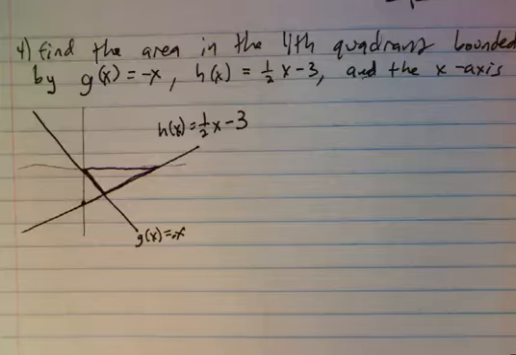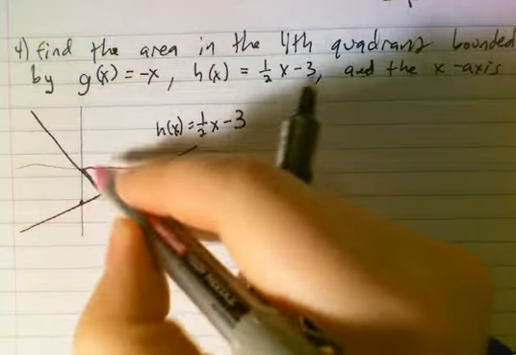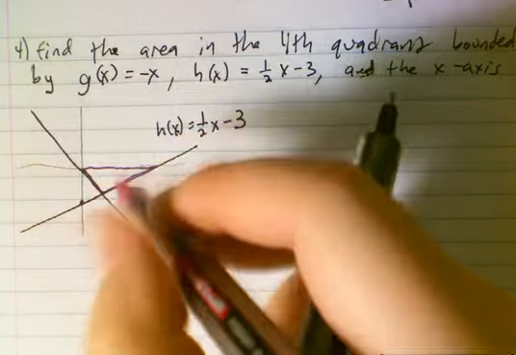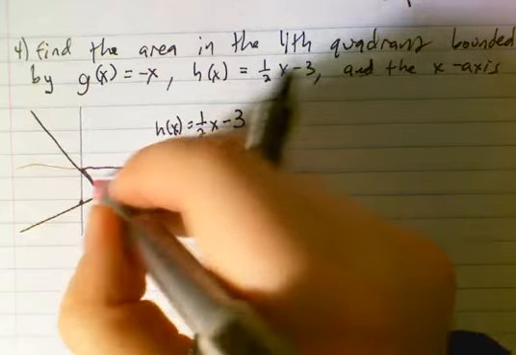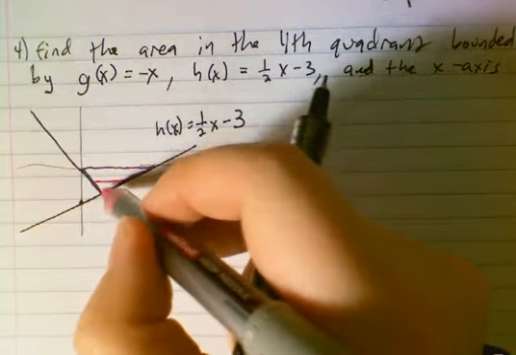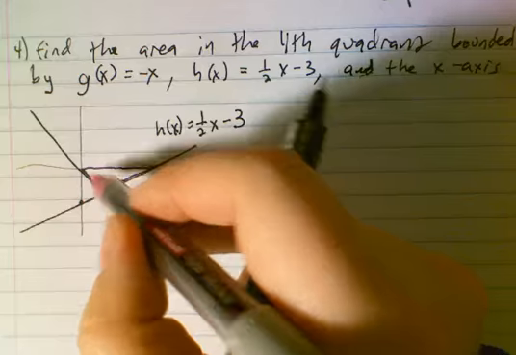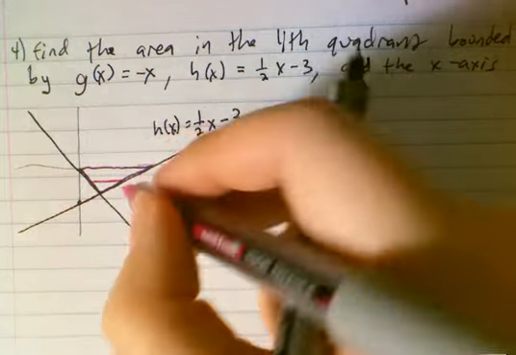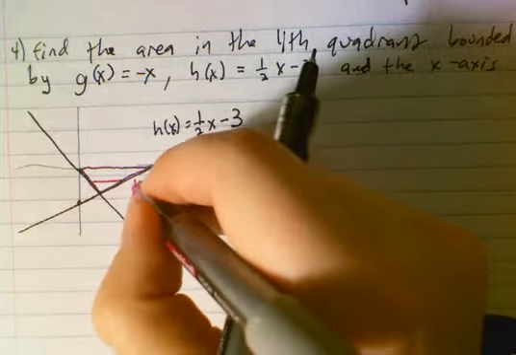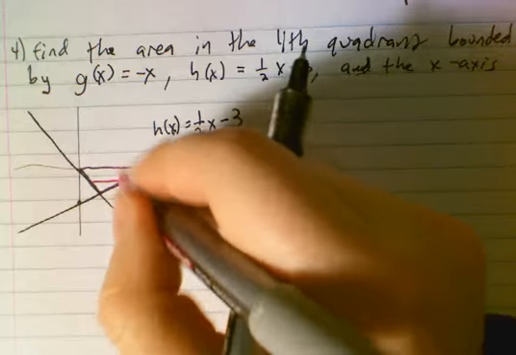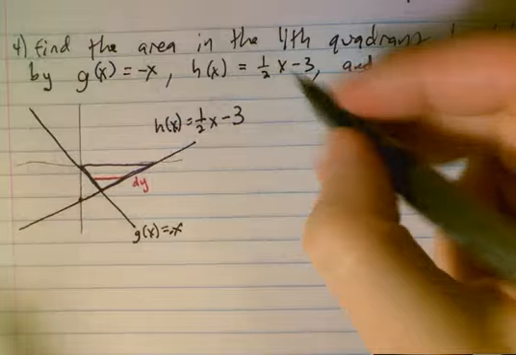Again, this is one where we could use two different integrals going up and down, or if we draw one rectangle going this way, then it touches the same thing down here that it does up here. So this has a width of dy because it's infinitely thin in the y direction.